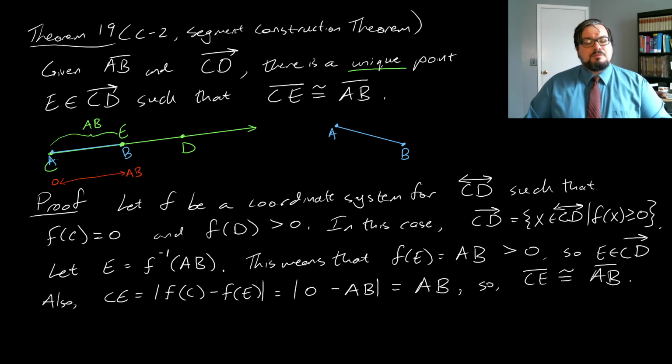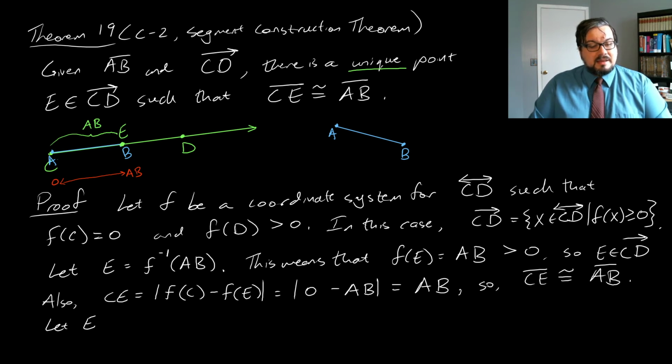Often, the best way to prove that something is unique in geometry is to assume that there's another one, basically. Give a new symbol to a point that satisfies the same conditions as the one we've constructed, and show that it actually has to be equal to the one that we constructed. That's how we can do this here.